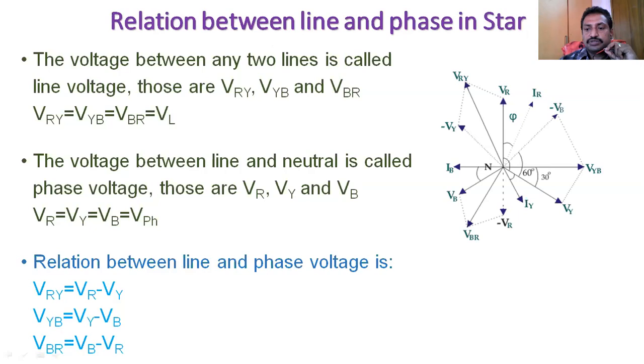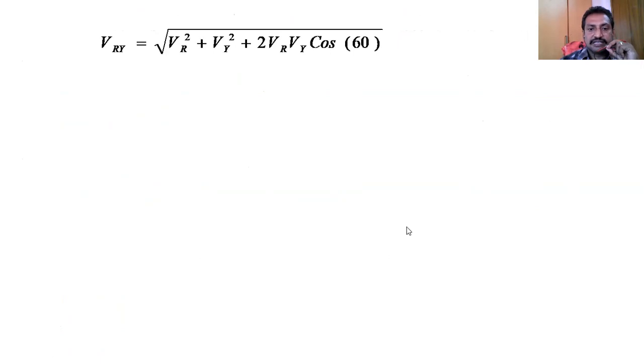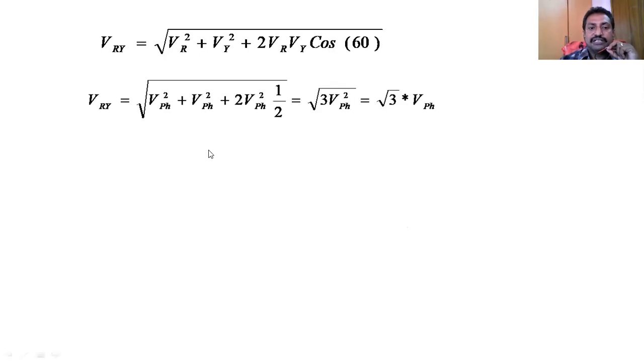See here, the angle between these two is 60 degrees, so we get cos 60. VR, VY, VB are phasors of V phase. So replacing VR and VY with V phase, and cos 60 equal to 1 by 2, the 2 gets cancelled. The result is square root of 3 into V phase square, which is square root of 3 into V phase.